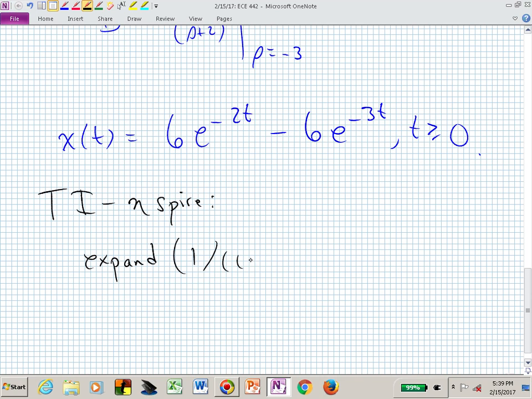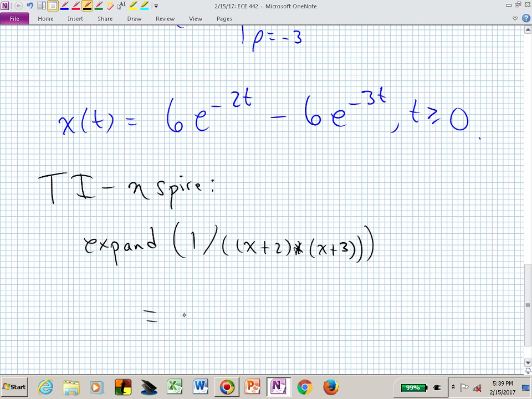Depending on your calculator, it's easier to put it in terms of x, but you might say x plus 2 times x plus 3, close up all of the right parentheses, and it should give you the answer of 6 over s plus 2 minus 6 over s plus 3. The idea is you can now immediately inverse Laplace transform that partial fraction expression.